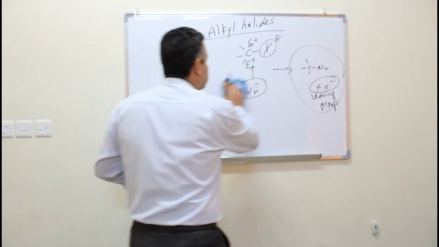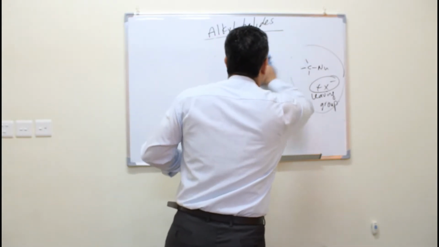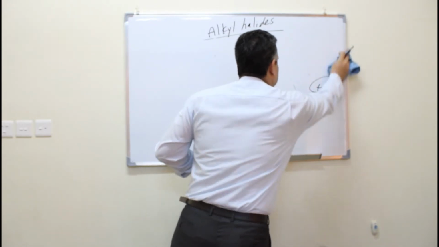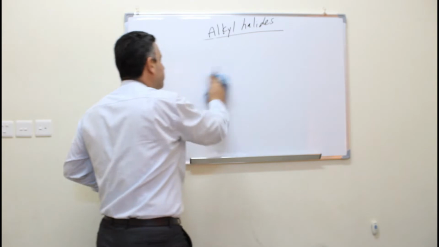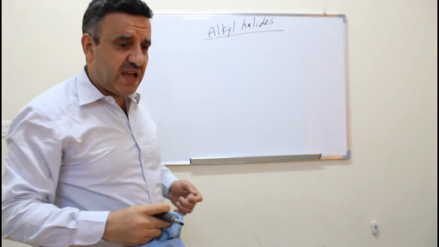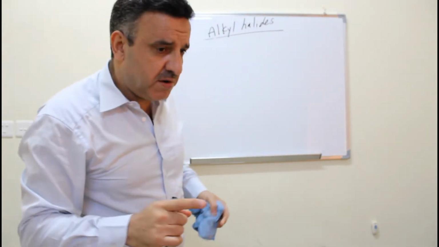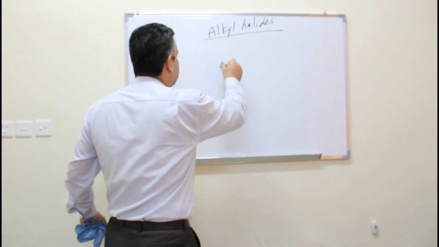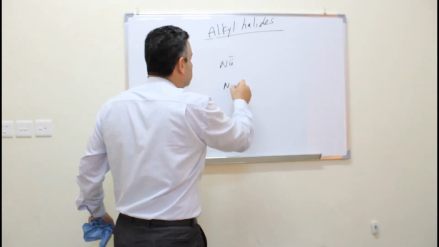So we have actually two mechanisms which explain this reaction. But before talking about these mechanisms, let's first discuss what's the nature of the product if the nucleophiles are different. In principle, the nucleophile is either negatively charged or neutral.